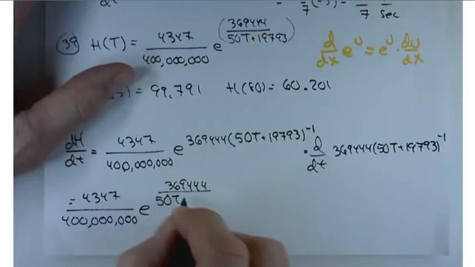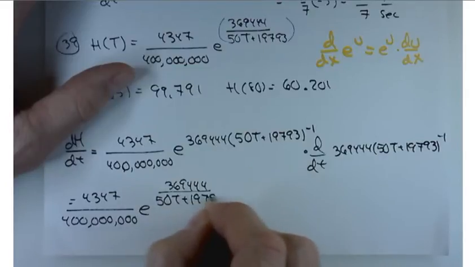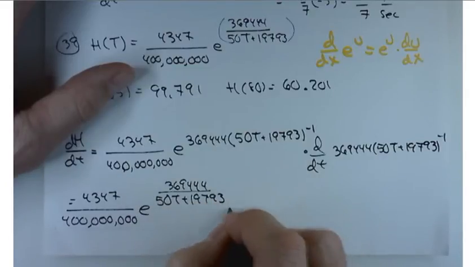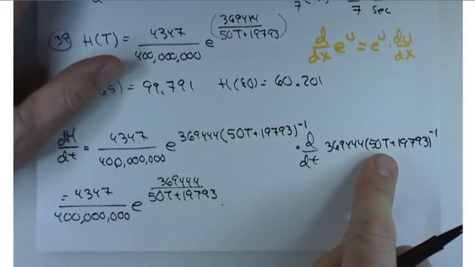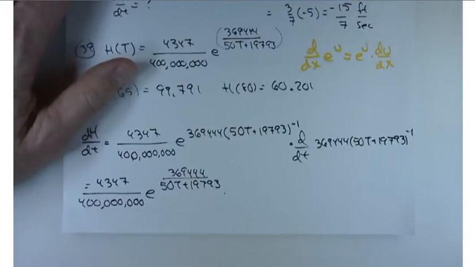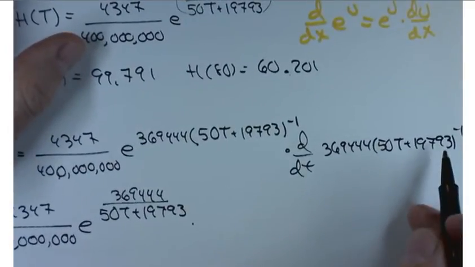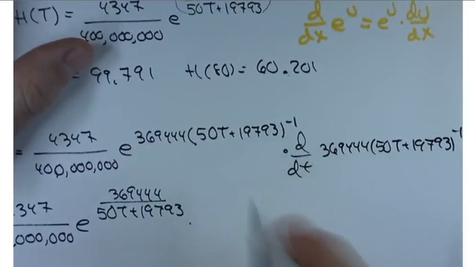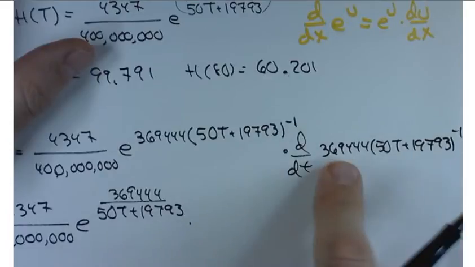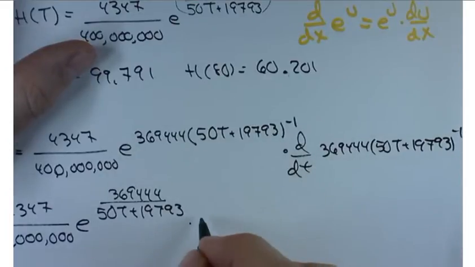Now, what's the derivative of this term going to be? This is a constant, so that's going to stay there. 369,444.